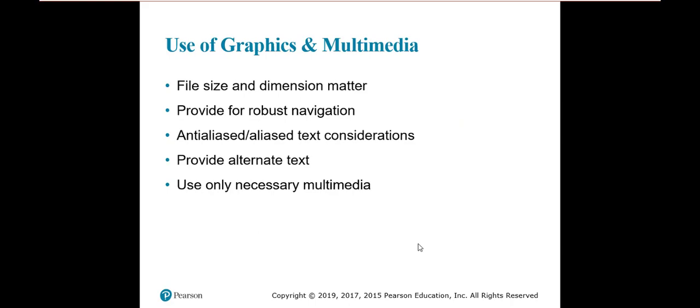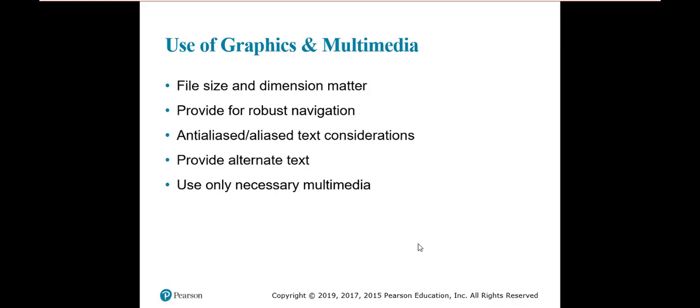And here is the thing, when you are using any kind of graphics or multimedia, maybe any kind of audio or video, file size and dimension matter a lot. So how big your file is matters a lot. Provide robust navigation. You should not have any broken links on it.